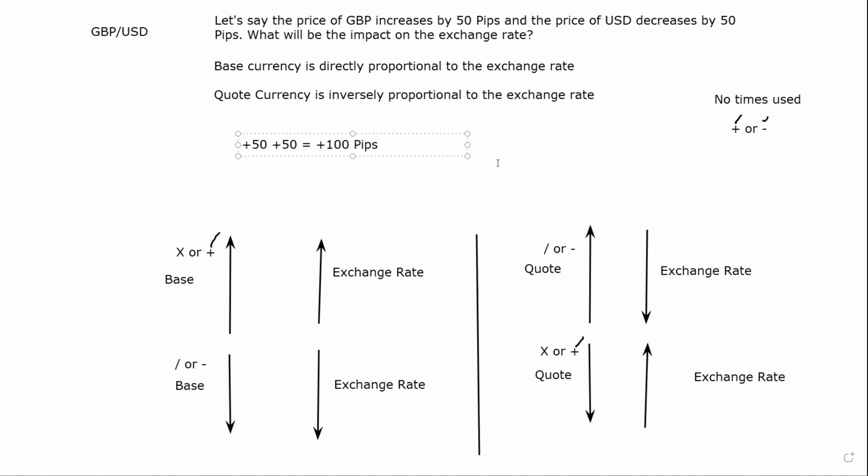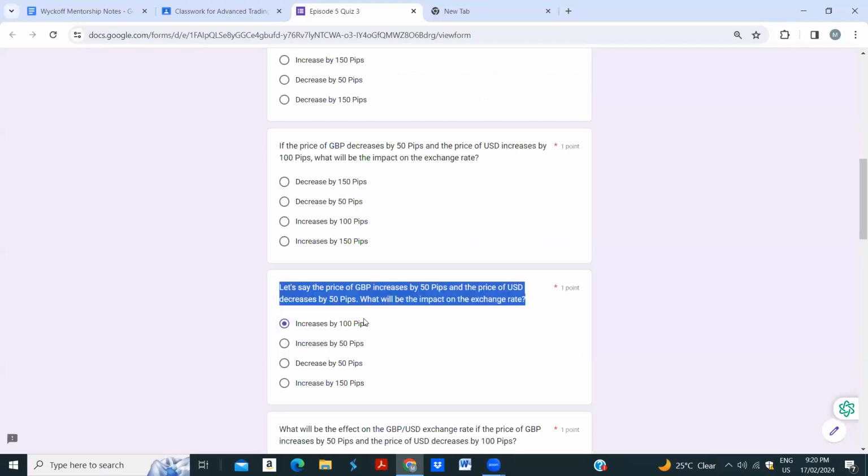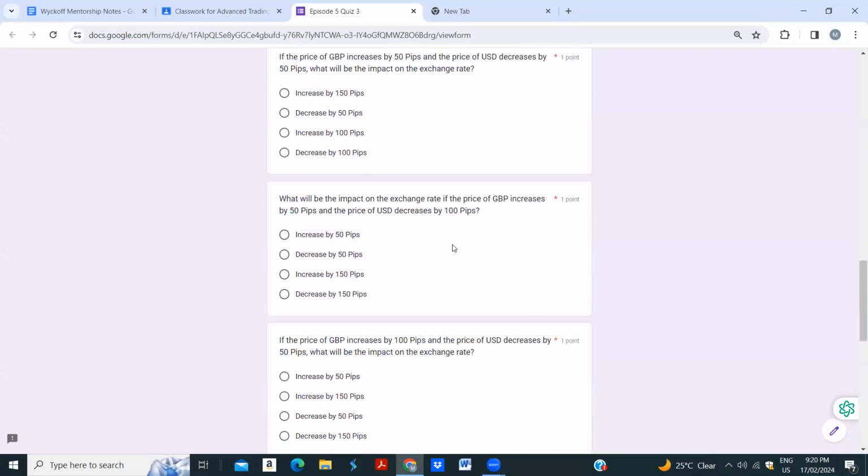So the exchange rate will increase by 100 pips. Now let's do the last question.